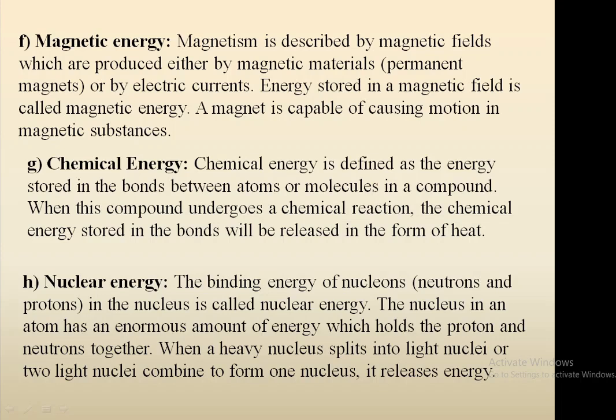When a heavy nucleus splits into two or more lighter nuclei, or in the reverse process, when light nuclei combine to form a larger one, a large amount of energy is released. This is the origin of the nuclear energy.